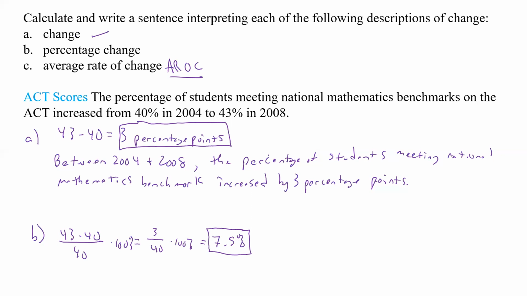So what do we do here for our wording? Well, basically, we're going to write everything up until that last part of the sentence. This is the only thing that's going to change.